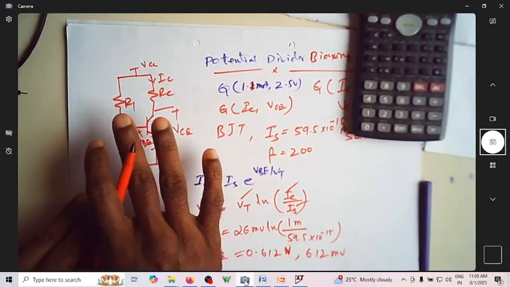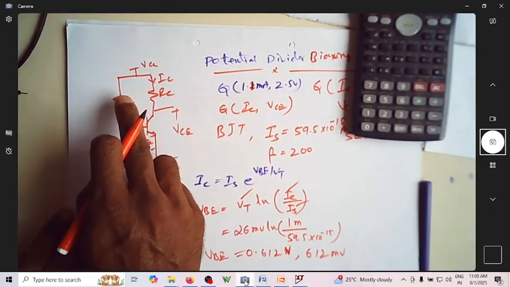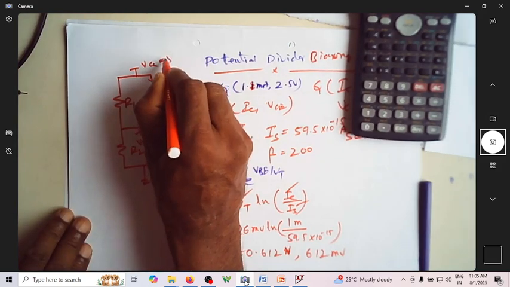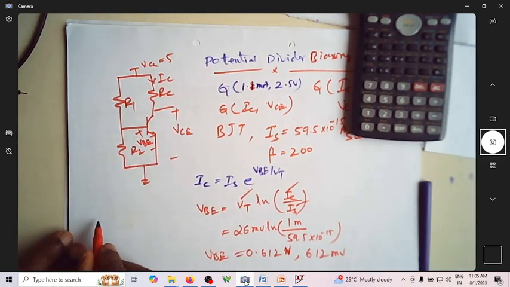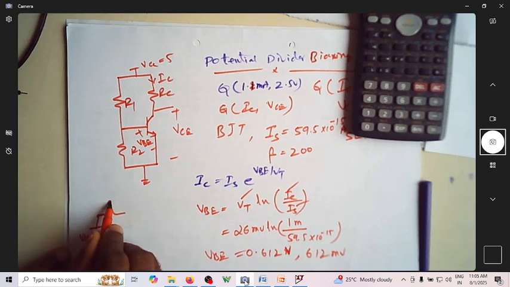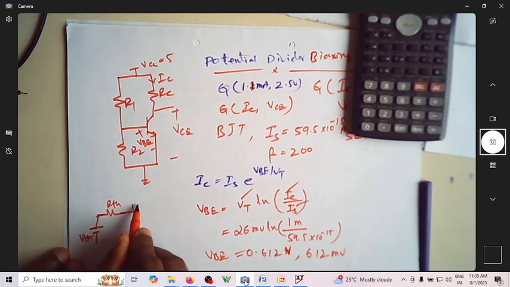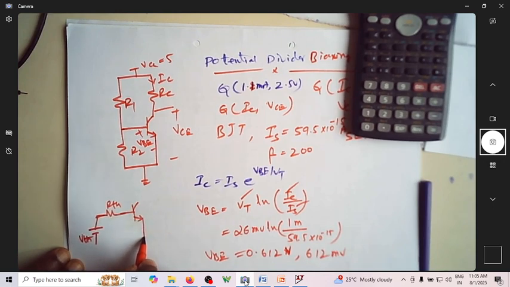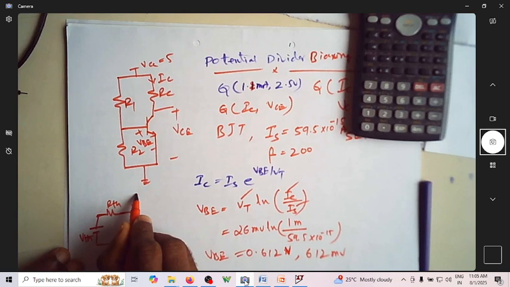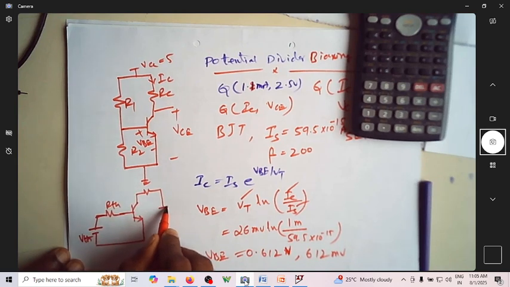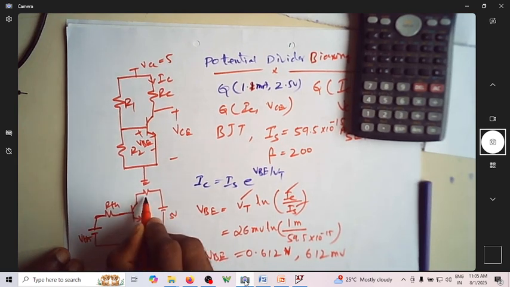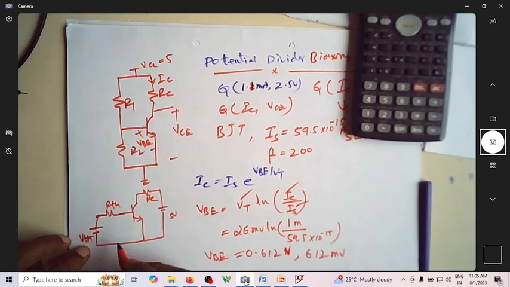Can I replace this VCC, R1, R2? Let us assume that this is 5. Shall I replace it by something like this? This is V Thevenin and this is R Thevenin. This is 5 volt. This is RC. Correct?